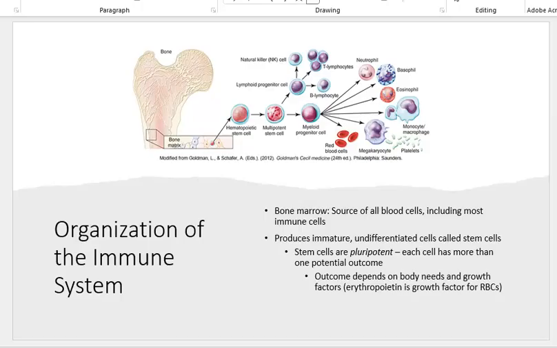The bone marrow does produce immature, undifferentiated cells called stem cells. They are pluripotent, which just means more than one potential outcome. And if you look in your book on page 320, figure 16.4, it explains the figure that's on that slide.